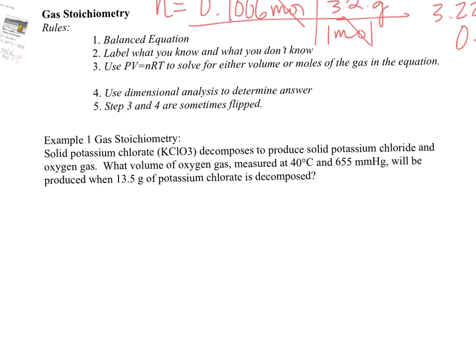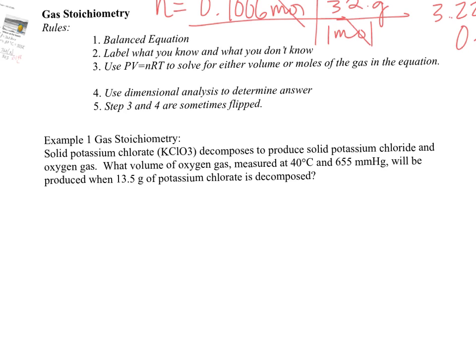Use PV equals nRT to solve for either volume or moles in the equation, and then use dimensional analysis to determine the answer. Sometimes steps 3 and 4 are flipped. Sometimes you have to do some dimensional analysis first in order to use PV equals nRT, and that's going to depend on what you're given.